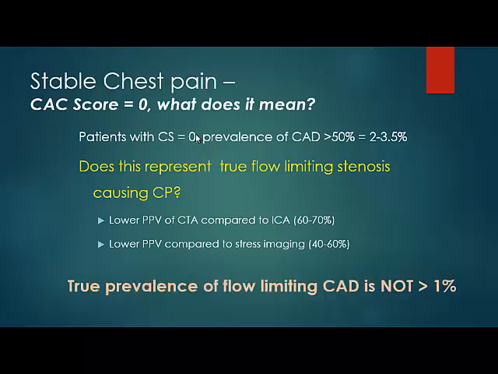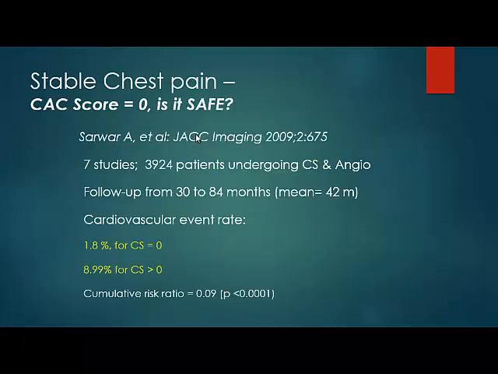And if we did stress imaging in those with a calcium score of 0, then the prevalence of true flow-limiting stenosis would be even lower, I think even less than 1% or so. Hence it is a very good test.